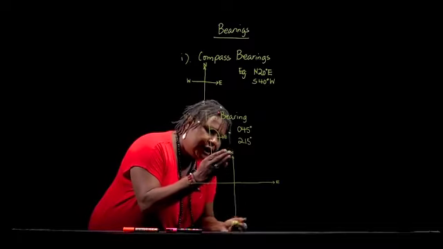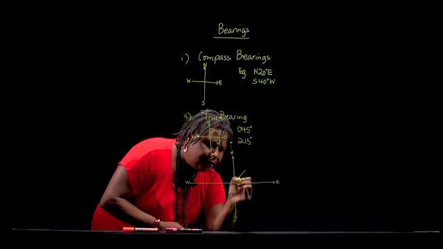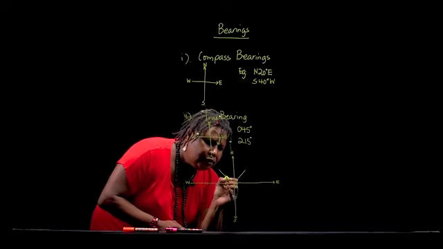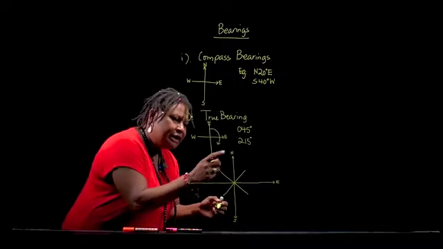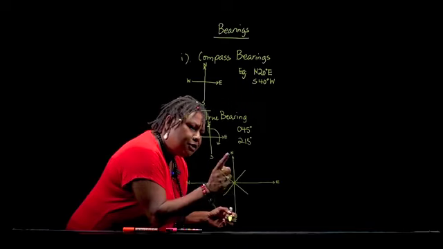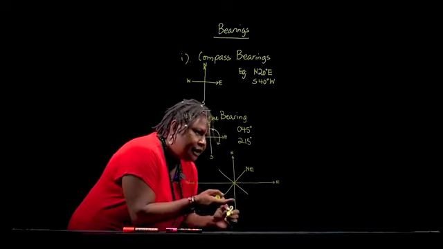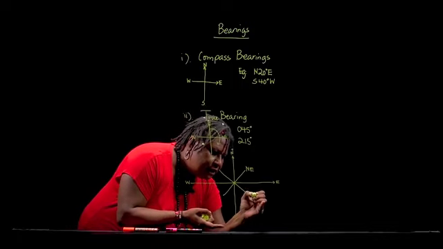In between these directions, we have other directions here, and you've already learned some of this in social science. You should know that the direction between north and east is northeast. The direction between south and east is southeast.